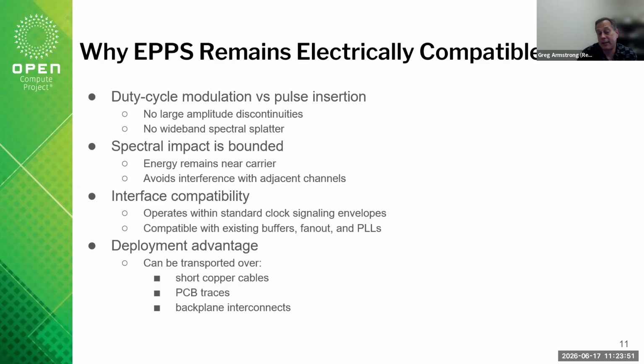So now the advantages, as I highlighted: you can go over short copper cables, you can do PCB traces, it can go over backplane interconnects and all this stuff. Especially if you've already created that signal pin to distribute a clock, you don't have to say, oh man, I need to add another one for the 1 PPS. There's no need for it. You can effectively piggyback off that existing interface without changing the backplane or the connector or redefining it, right?